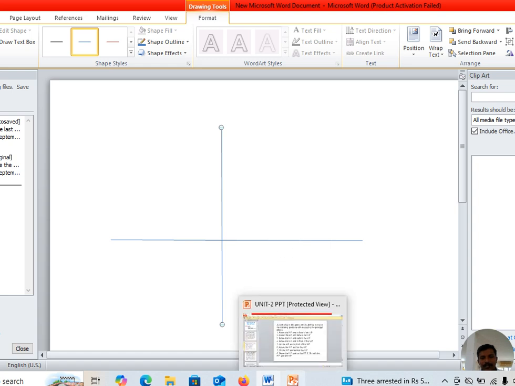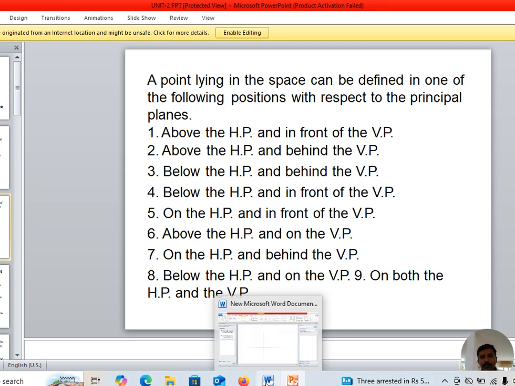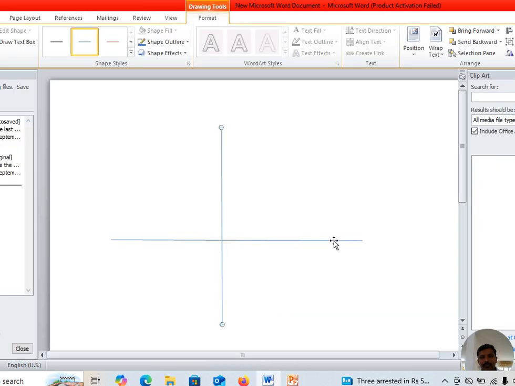Here the condition is, first one is the object above the HP and in front of the VP. Above the HP means the object is above the HP. For example, the object is here. It represents above the HP and in front of the VP. If the object is here, it means the object is above the HP and behind the VP.